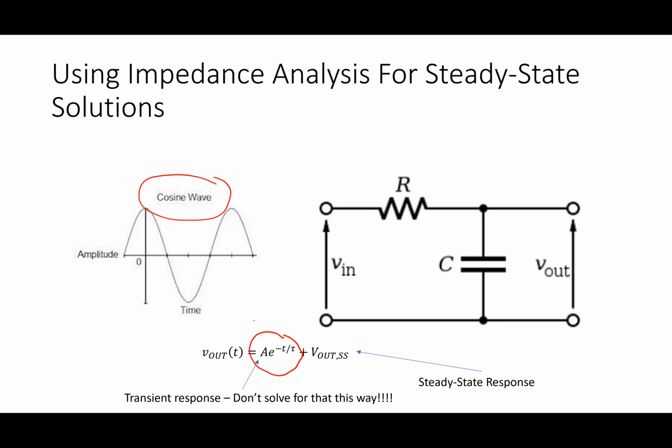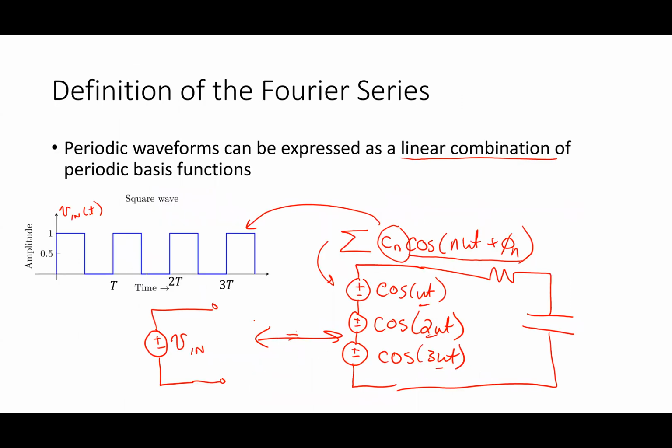So in that particular case, sine waves are not the only type of special inputs that we could have. What if we had something like a square wave as the input? Well, you'd like to be able to use square waves and use the impedance idea.